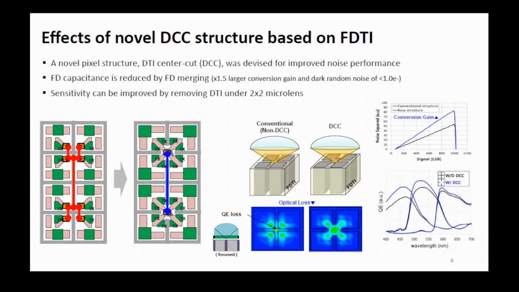It is also inevitable that the area of the FD would increase when we read several pixels together, like binning.